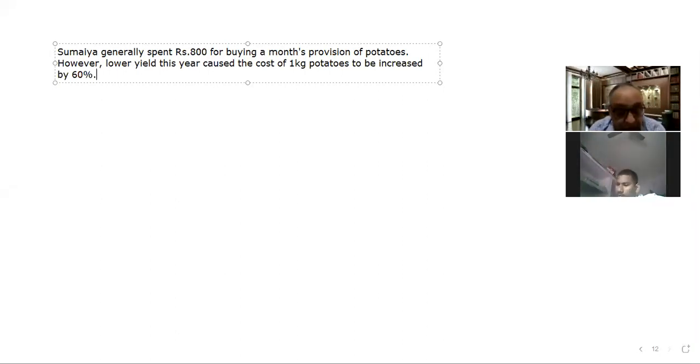Owing to this, Sumaiya had to buy 30 kg less potatoes than usual.